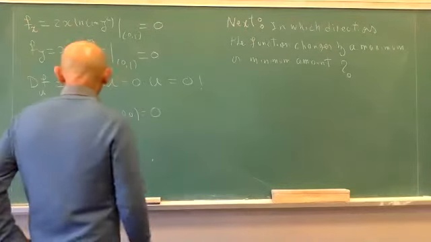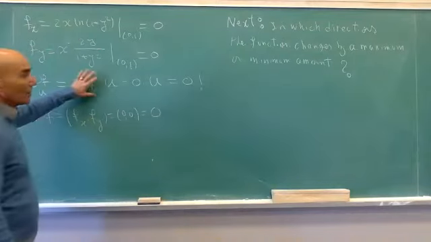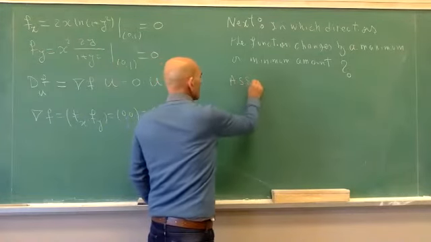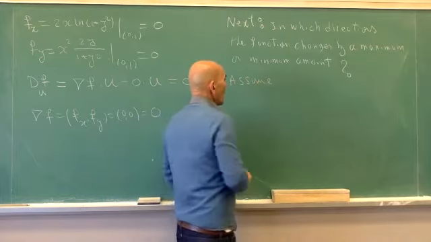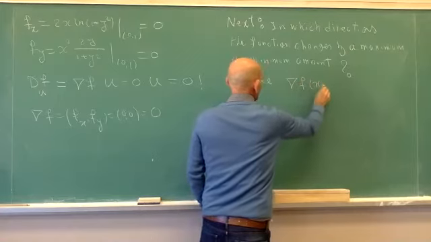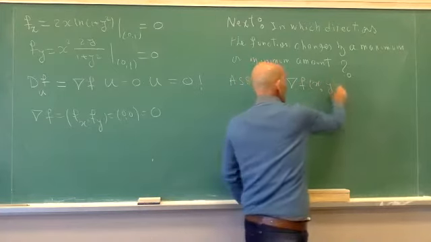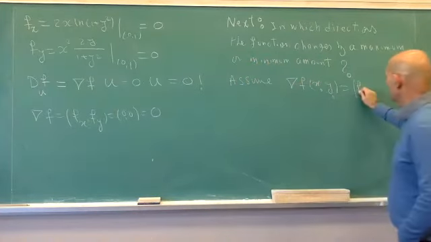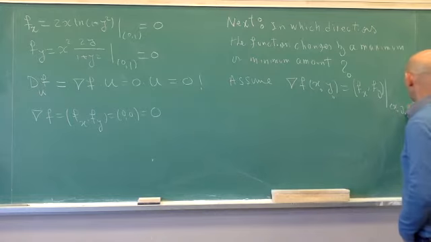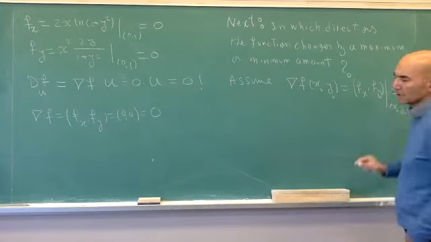So there is a condition. Let's assume we are not in this case. So assume that the gradient of f at (x0, y0), which is the vector of partial derivatives (f_x, f_y) at (x0, y0), is different from 0.